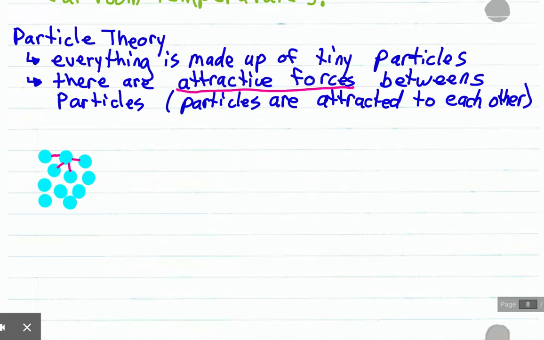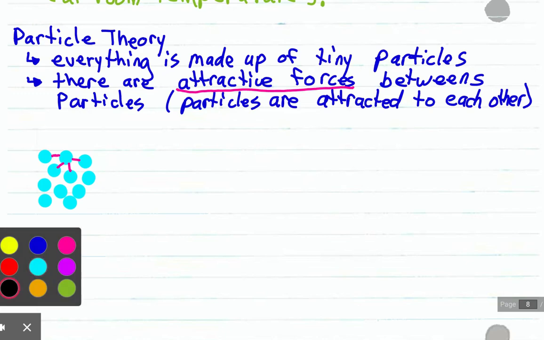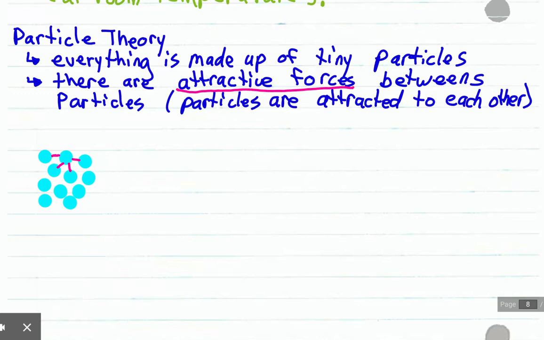And so what these attractive forces are doing is they are holding the particles close to each other. Okay. Now, if the attractive forces get weaker, what happens is the particles separate.